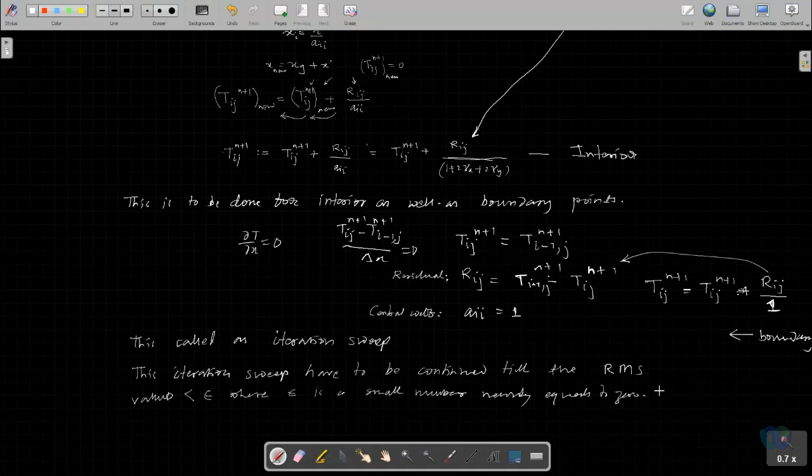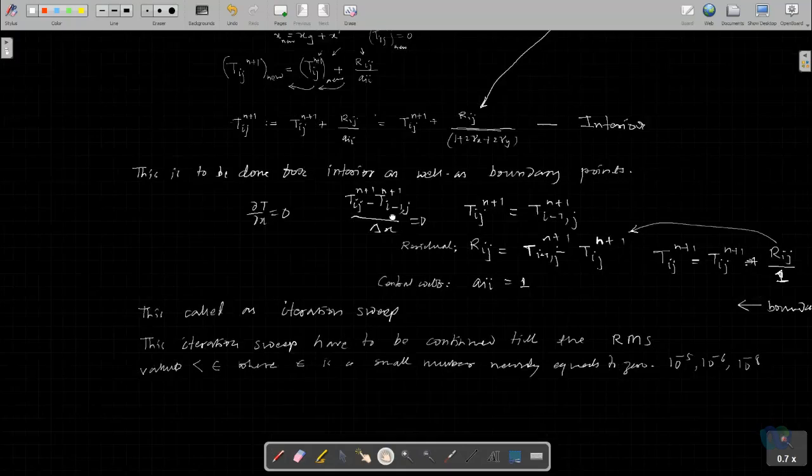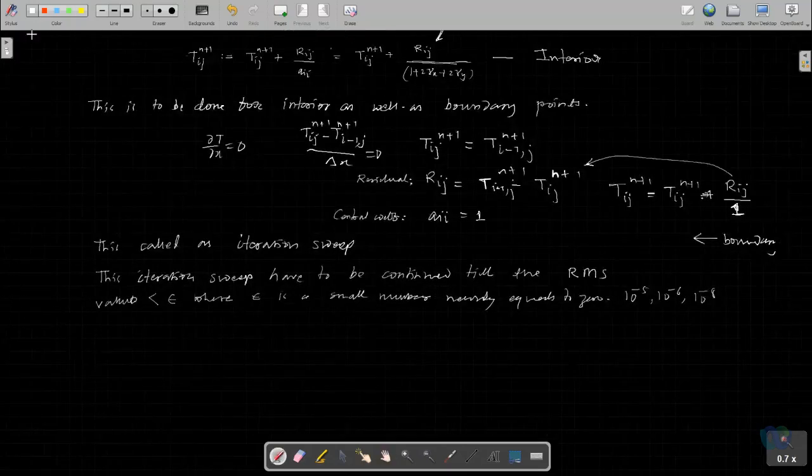So in case of the computers, 10 to the power minus 5, 10 to the power minus 6, 10 to the power minus 8 can be thought of as close to 0. Okay. So you have to specify some number so that you can stop. And the condition you can apply on the RMS value is that you take the square root, you take the Rij square.